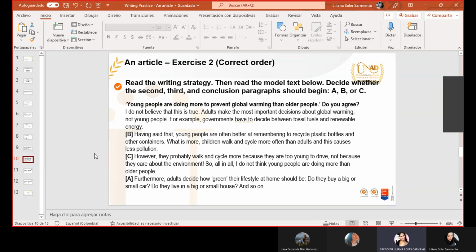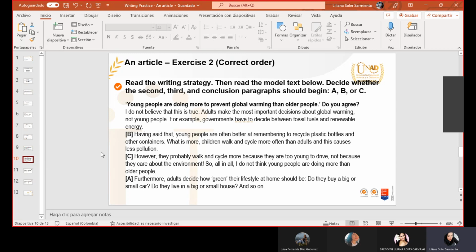Having said that, young people are often better at remembering to recycle plastic bottles and other containers. What is more, children walk and cycle more often than adults, and this causes less pollution.